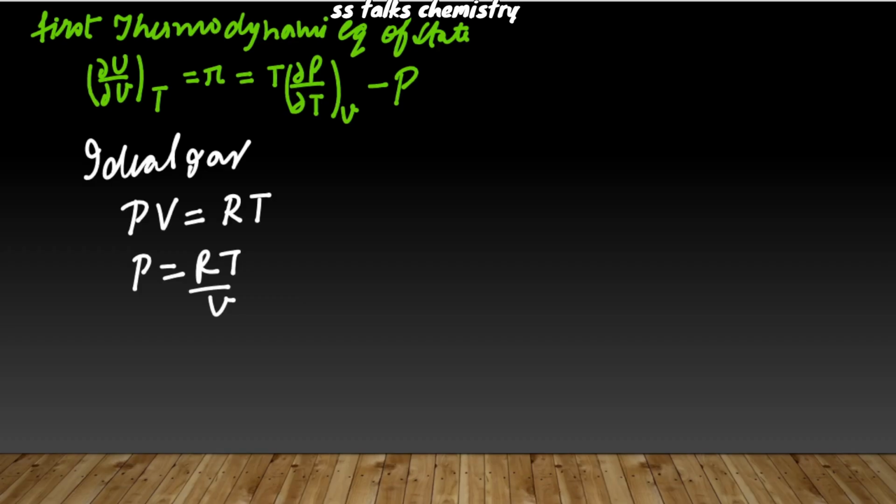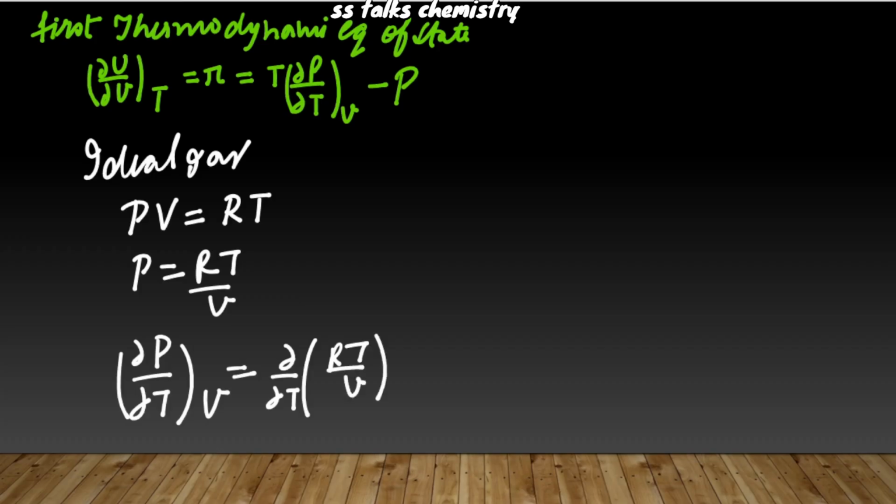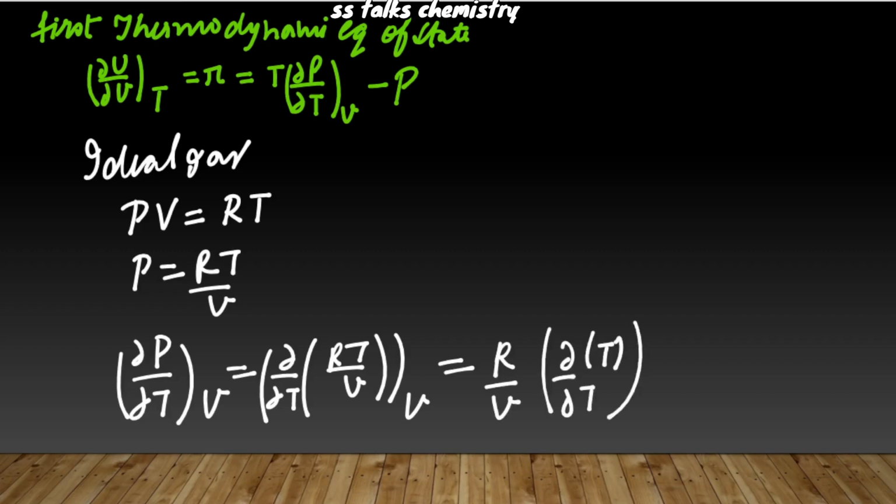We need del P by del T. So del P by del T at constant volume is del by del T of RT upon V. Now R and V are constant because this differentiation we are doing at constant volume, so they come outside. So del by del T of the temperature at constant volume is going to be equal to unity only. So this is what we get after the differentiation.